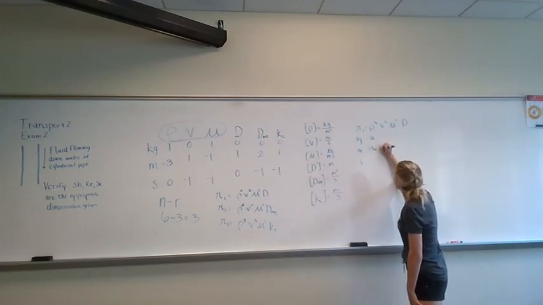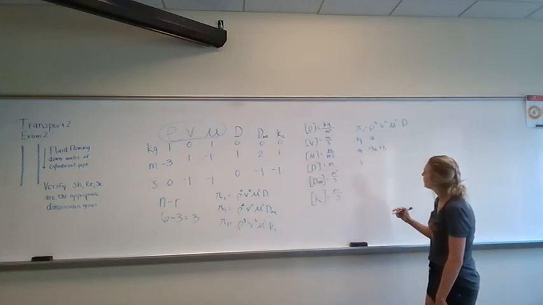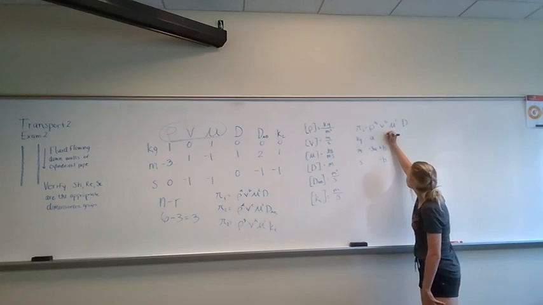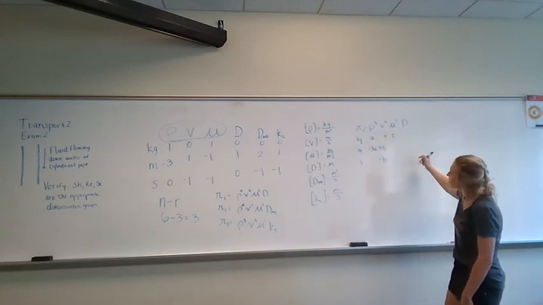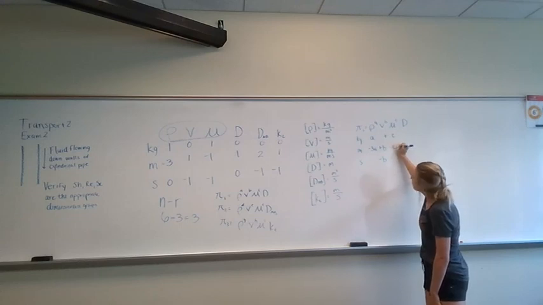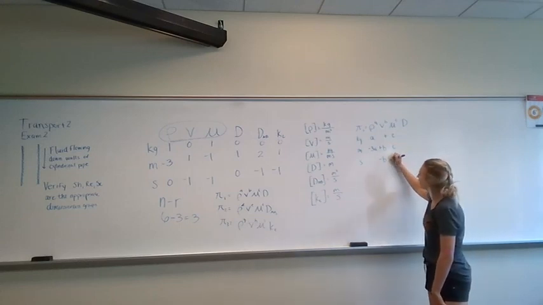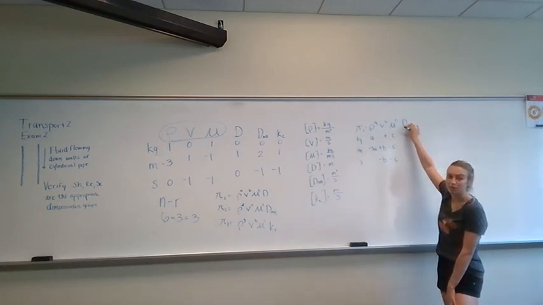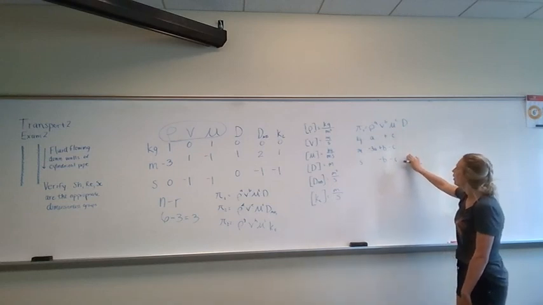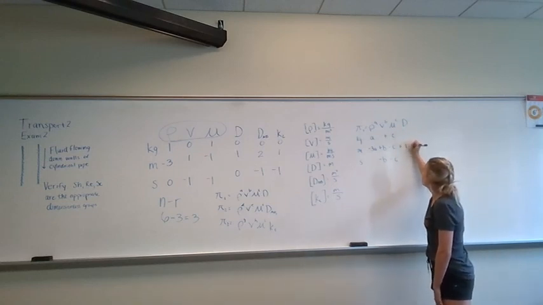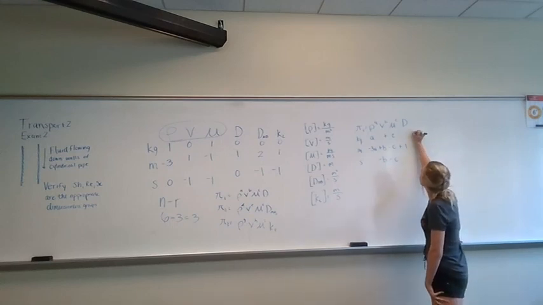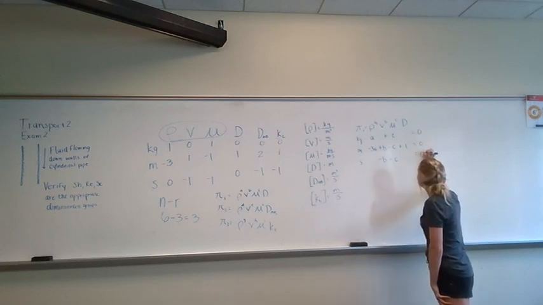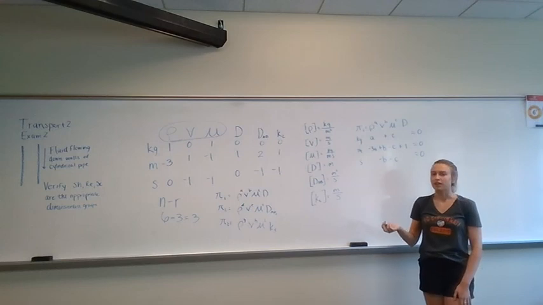Meters is just +1, so plus B, and then seconds is -1, so negative B, and then viscosity, kilograms, so plus C, meters to the negative first, so negative C, and then seconds to the negative first, so negative C again. And then this non-core group parameter, which in this case is the diameter, will just be a constant. So we'll put +1 in meters, since diameter is just in terms of meters. And then we'll set each of these equations equal to 0, and we'll solve them as a set of equations.